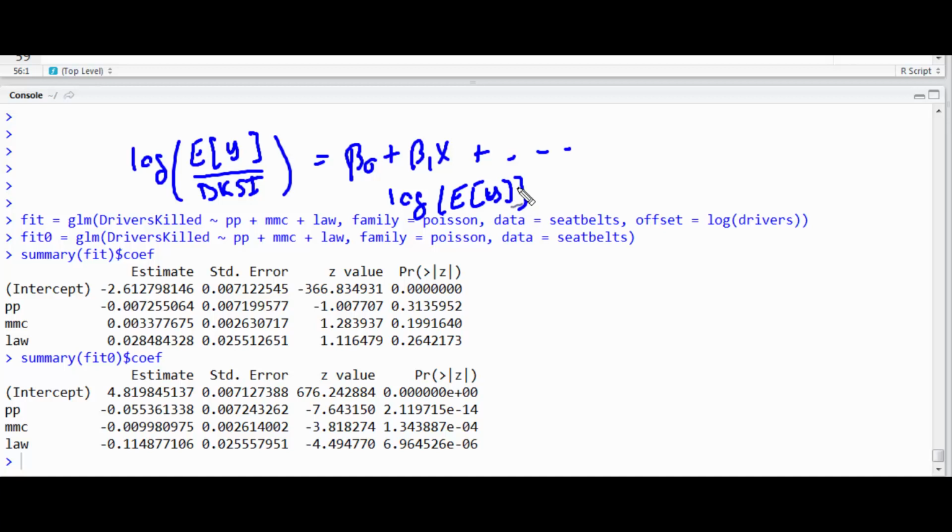So this first one is modeling this expected value relative to the total number of drivers killed or seriously injured, whereas the other one is just modeling the count by itself. Of course, those are very different interpretations. One is saying, for example, that this log coefficient is looking at how the proportion of drivers killed among those killed or seriously injured changed comparing before to after the law was enacted.